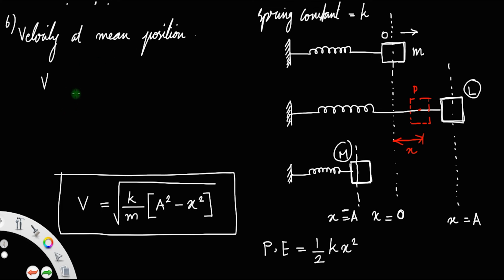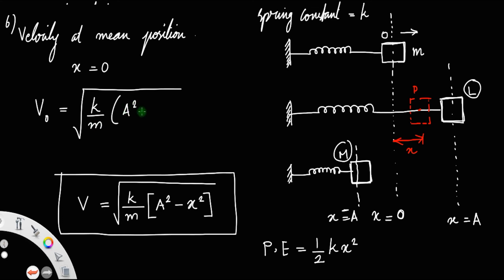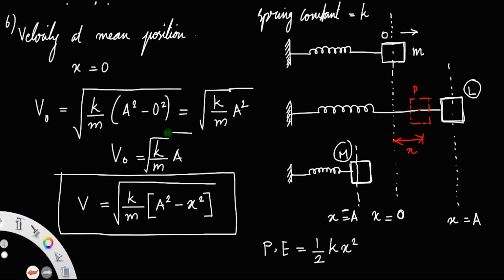Therefore, V, write that as V0, or velocity at the mean position, is equal to root of k by m times a square minus 0 square. This will be root of k by m times a square. Therefore, V0 is equal to root of k by m times a. So this is the velocity at the mean position.